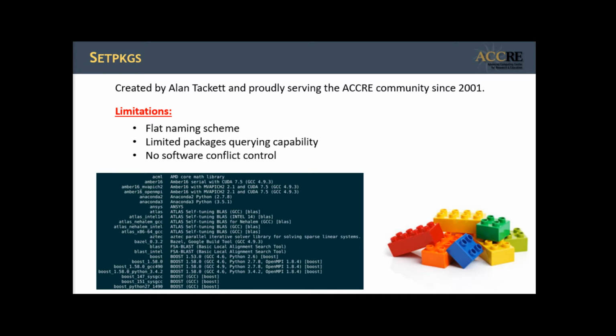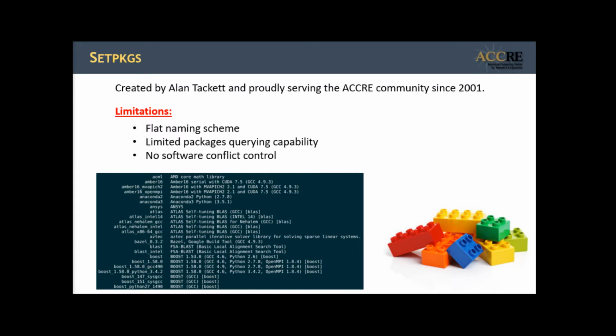And finding that out becomes a little annoying because, for example, you see Boost, which is a numerical library. It has been built with GCC 4.6, Python 2.7.0, OpenMPI 1.04. But it's up to you to select the right packages, and that's very error prone.